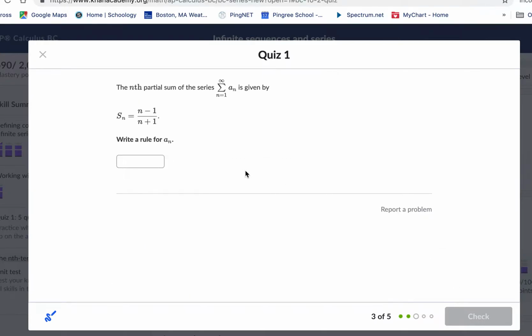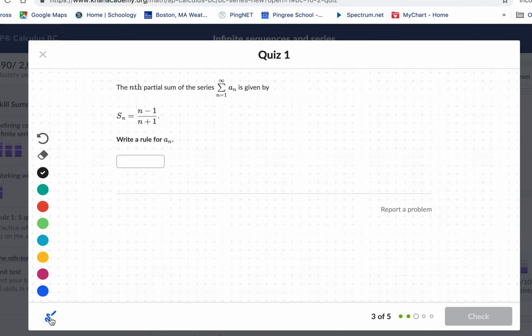Next question. All right, this is an excellent one. So in these type of problems, when you're given the partial sum, if we had 10 of these terms, then the sum of those first 10 terms would be 10 minus 1 would be 9 over 11, okay? But what I'm going to do here is think about this as, well, if I knew my 9th and my 10th sums, right, these are partial sums here.